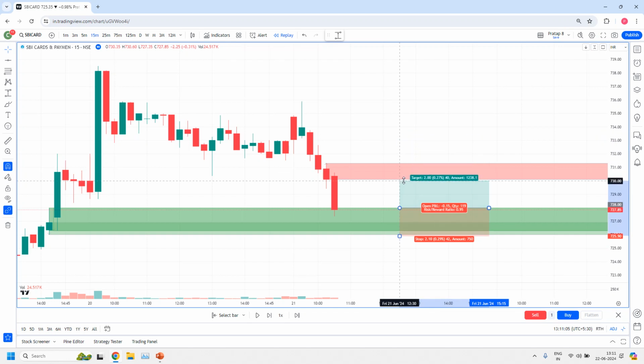Now with this 15 minutes, I am getting only 1:1 RR. What do I have to do? Do I need to book profit with this 1:1 RR? Because at least we should have a minimum 1:3 RR or 1:2.5 RR. Either one is okay. Can I wait up to here?